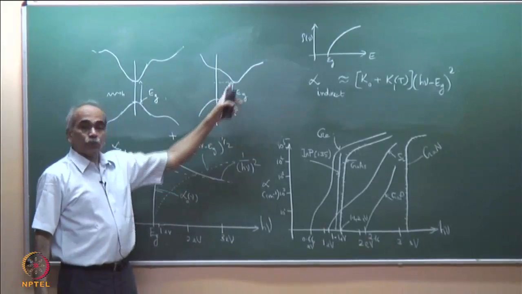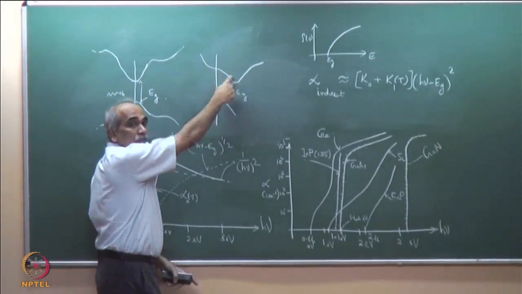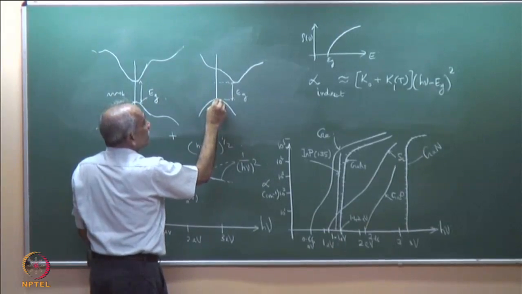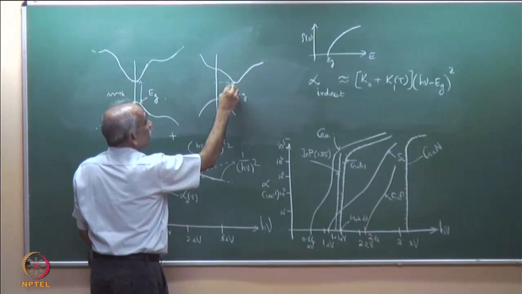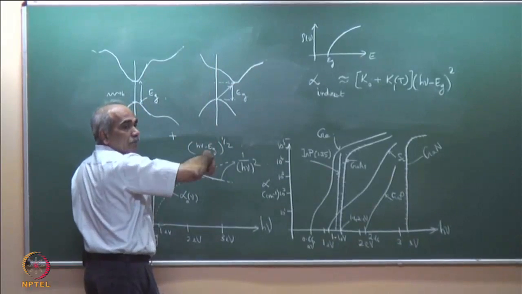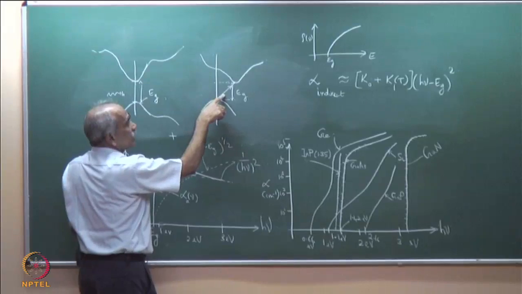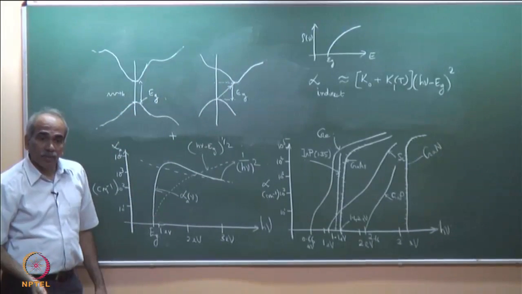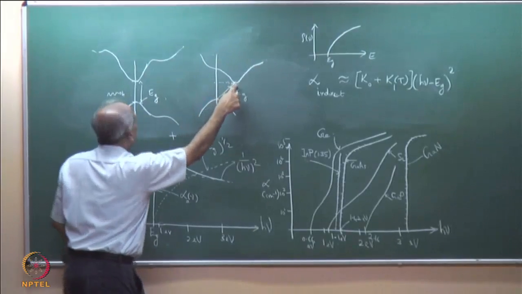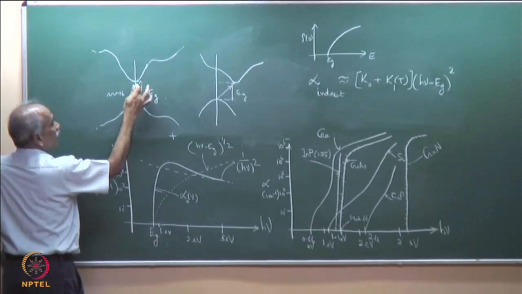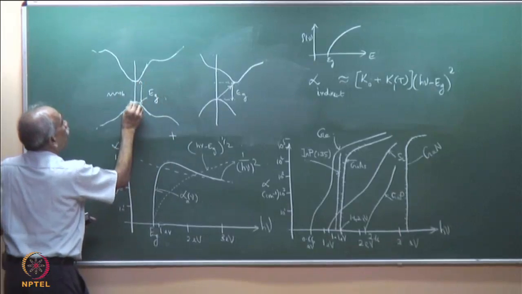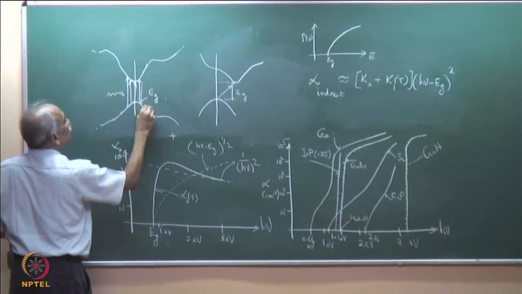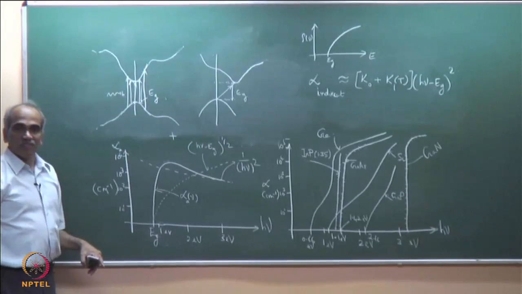As soon as you cross Eg, there are available states, but there is no immediate absorption, because a transition at an angle like this in the E-k diagram is an oblique transition, which violates the law of conservation of momentum. In the direct case, the moment the energy exceeds Eg, all absorptions can take place, because all are vertical transitions, which are highly allowed.